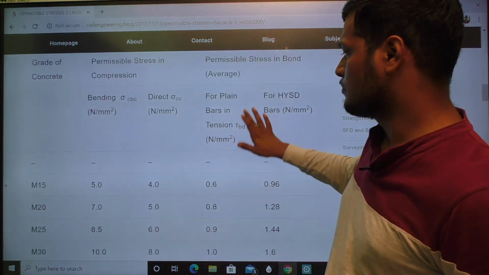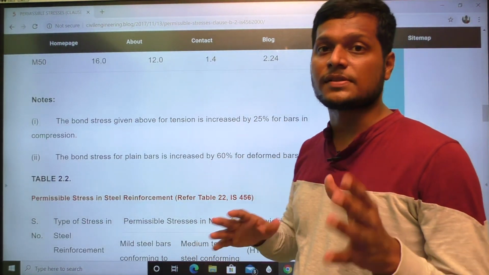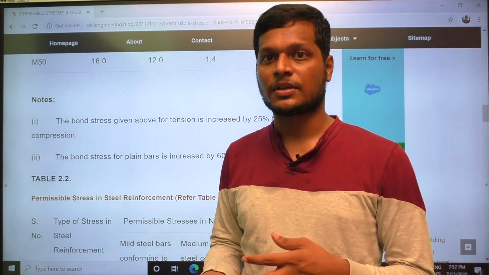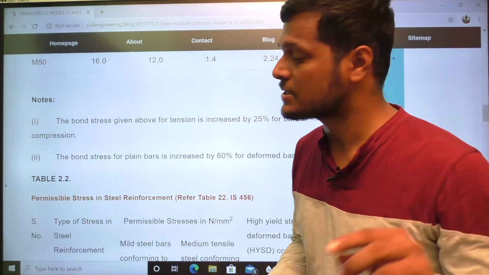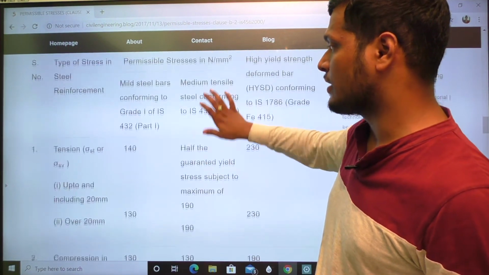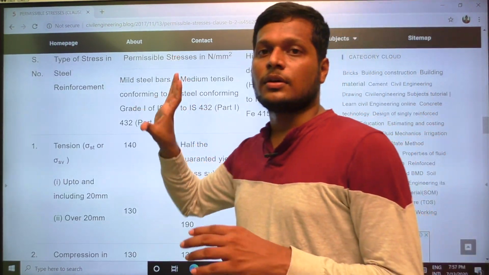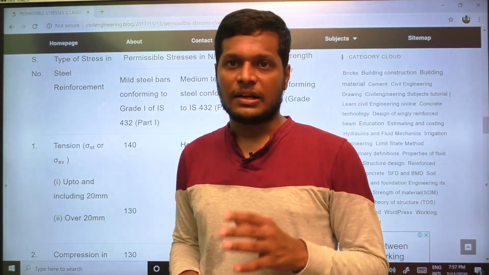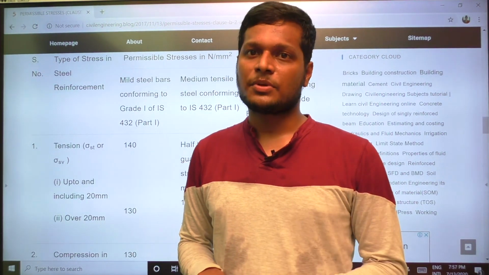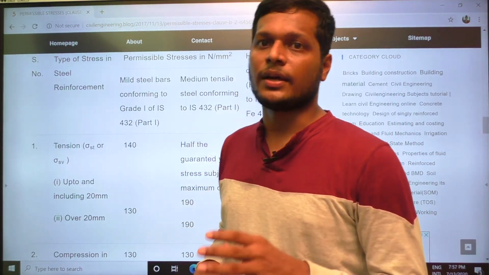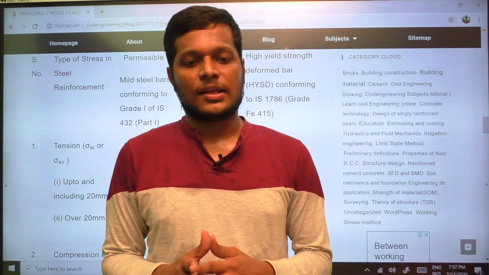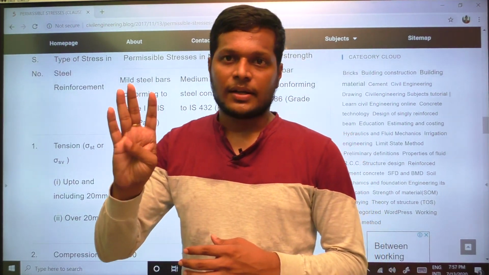Bond stress we already discussed. I already discussed bond stress for the working stress method while teaching limit state itself, so I told you the values there. The important thing is for steel. What is the permissible stress for steel? Generally they will give you the diameter and grade.